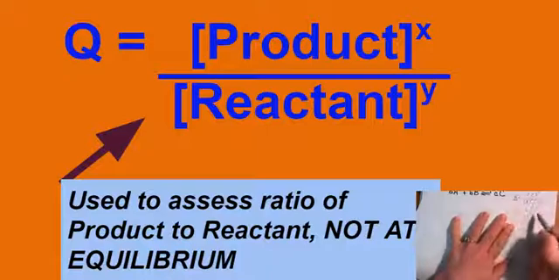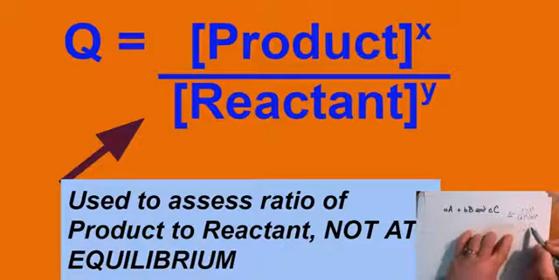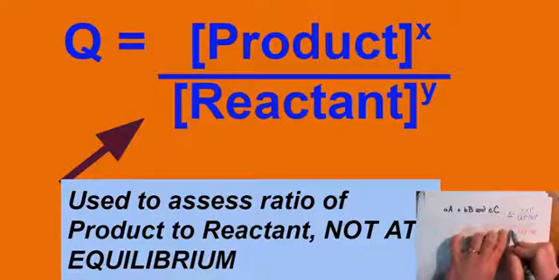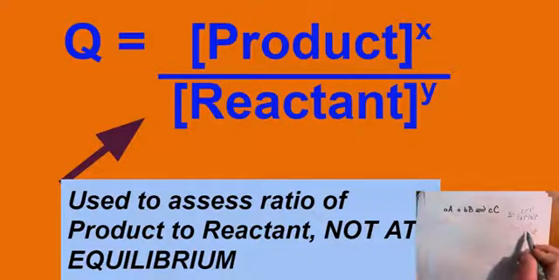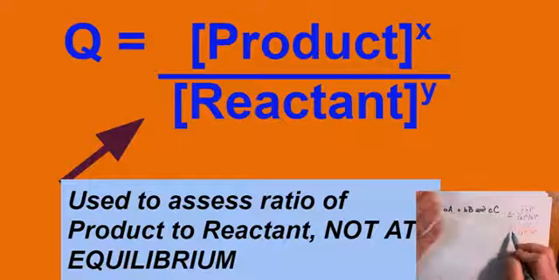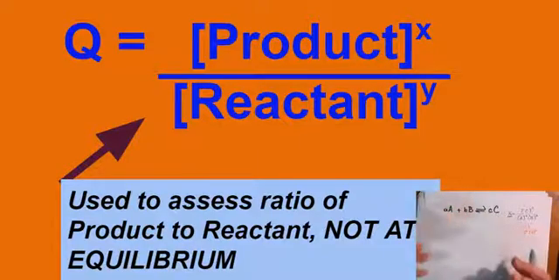It is the ratio of concentration of product over concentration of reactant or reactants, understanding that they're gaseous or aqueous. But if we're not at equilibrium, or we're not sure that we're at equilibrium, then we can't call it K. So we call it Q. So Q is just any other concentration other than the equilibrium, or if we're not sure if we're at equilibrium or not.